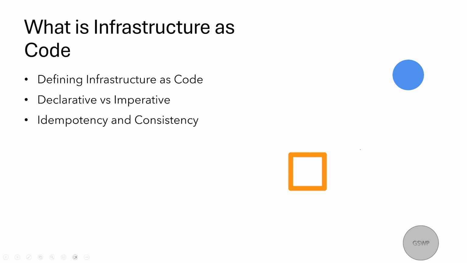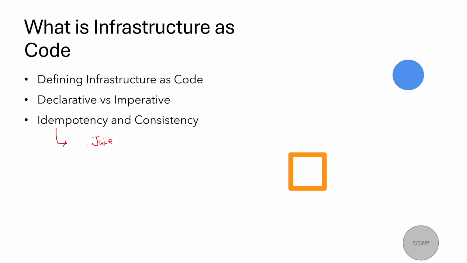Moving on, idempotency and consistency. Idempotency and consistency mean that whenever we want something, let's take the previous example. I want to order something online, and I am ordering, for example, juice, for drinking.